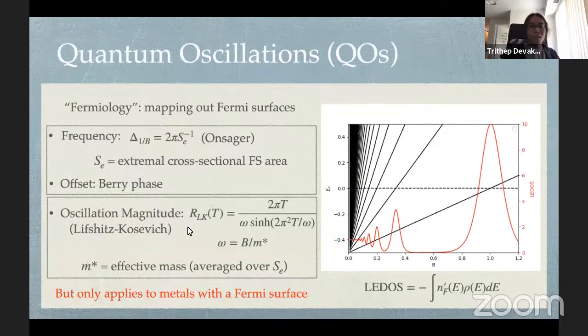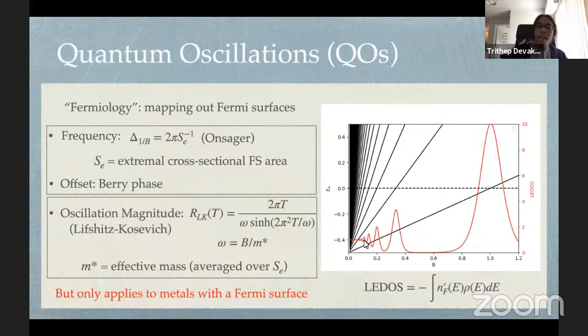If you look at the oscillation magnitude as a function of temperature, so here I've shown this low energy density of states, which is just the density of states near the Fermi energy weighted by the derivative of the Fermi function. And you can see it's showing strong oscillations, and it peaks whenever you have a state that's crossing the Fermi energy.